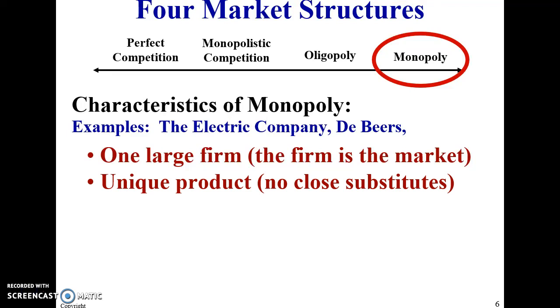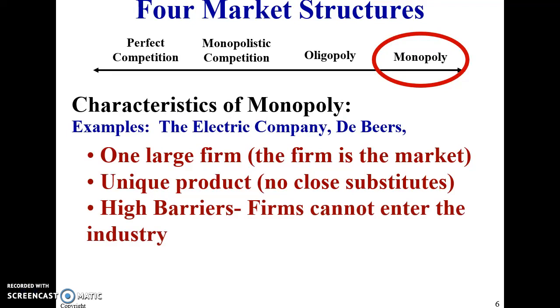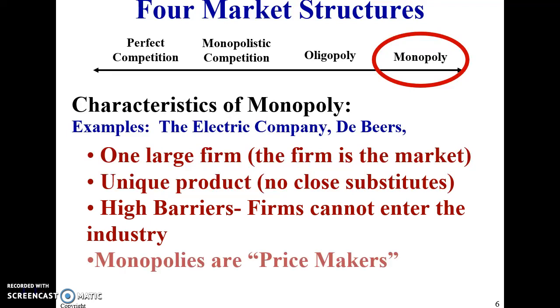They have a unique product. There's no close substitutes. Diamonds, you have zirconiums, but a diamond is a diamond. And there's generally high barriers to entry in this type of market structure. And because of the 3 characteristics that I just mentioned, they're known as price makers. They have complete control over price.